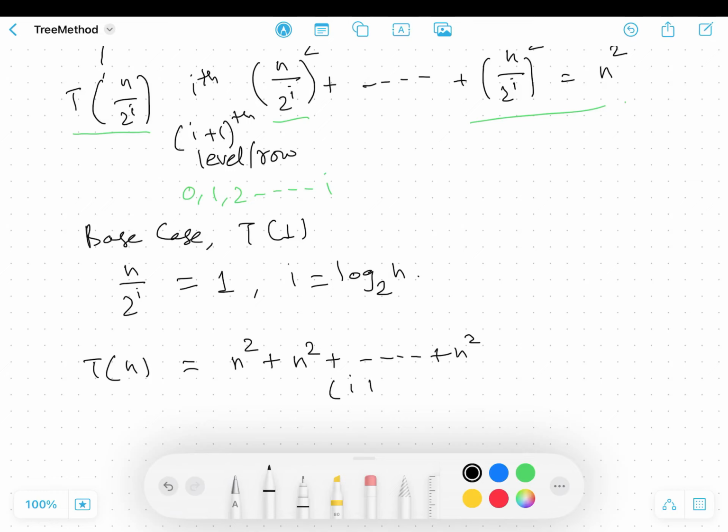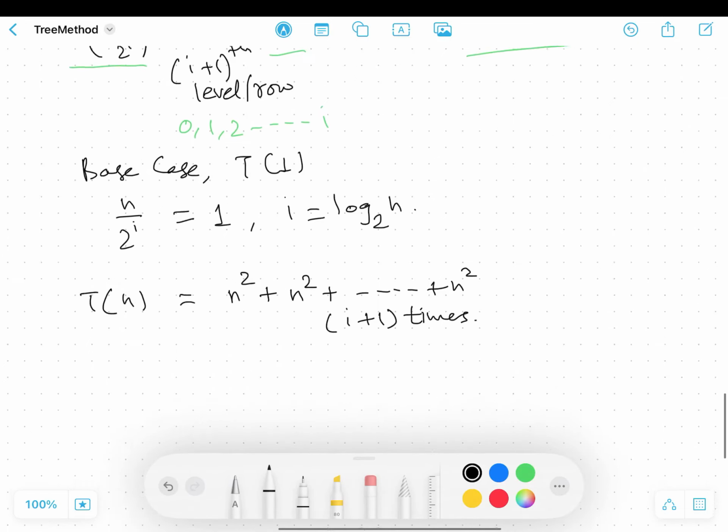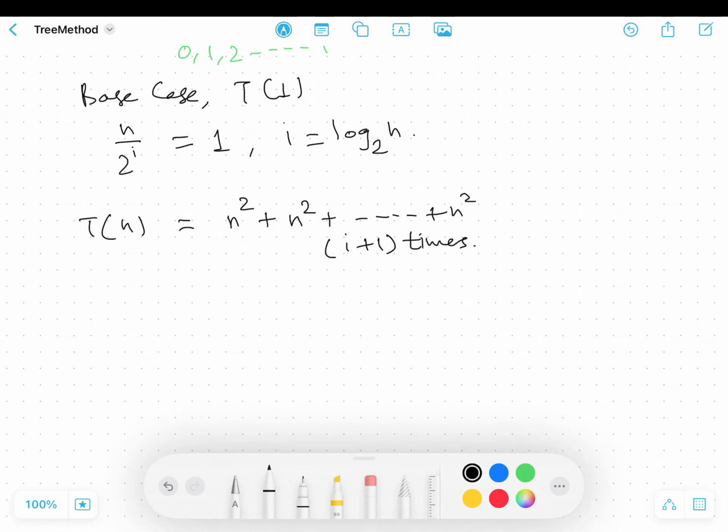This is I plus 1 times, we can say I plus 1 times. And I is log base 2 n.